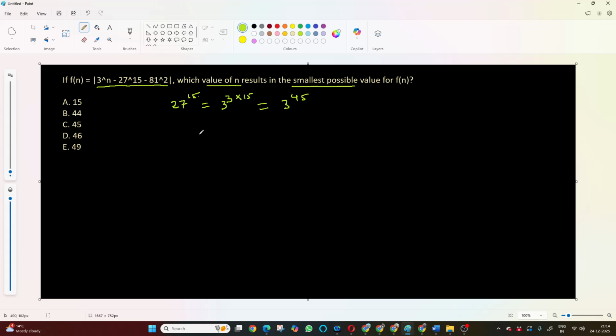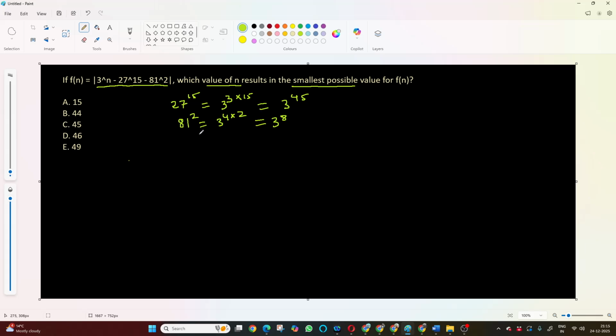Similarly, 81 to the power 2: 81 is 3 to the power 4, multiplied by 2, so this is 3 to the power 8. So we've got the decomposition of these second and third terms into powers of 3.